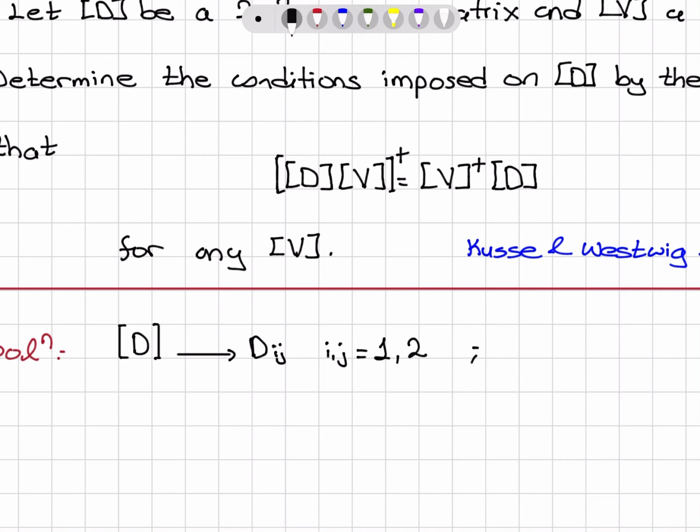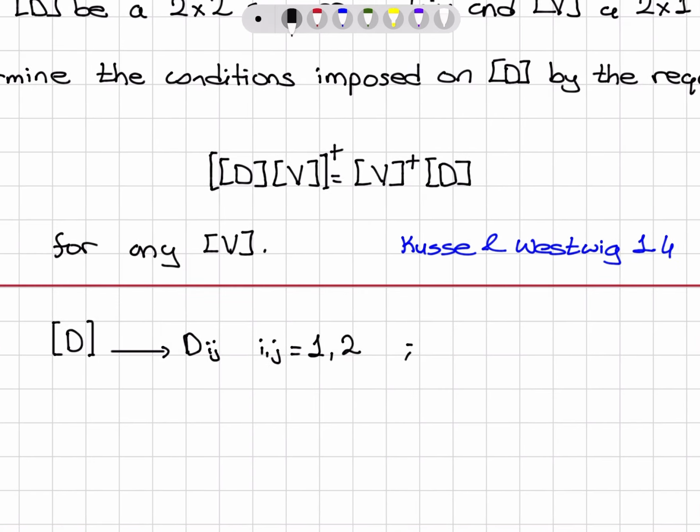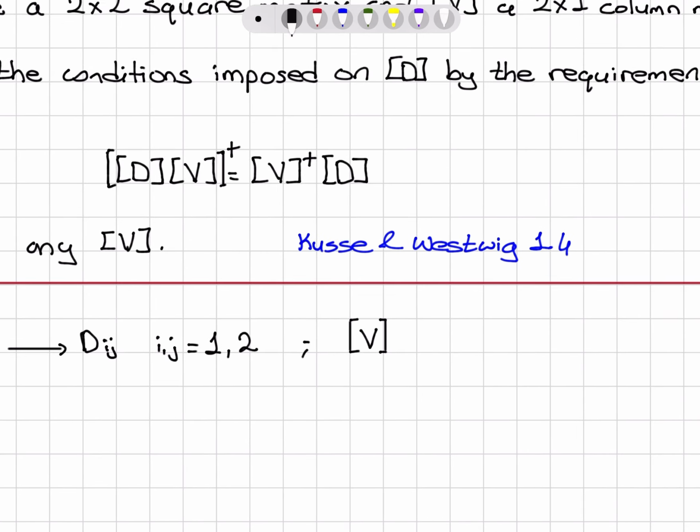And similarly, the V matrix is a 2 by 1 column matrix. The matrix representation can be written as Vj, with j equal to 1 and 2.